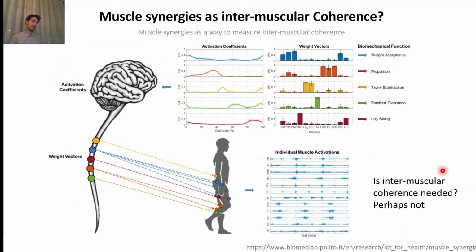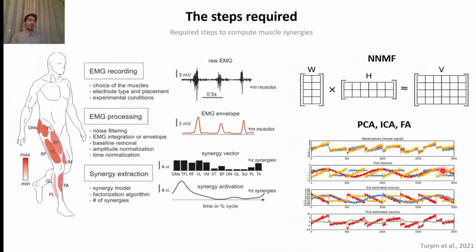And if you see how muscle synergies are actually computed, you see some relations with the cross-correlation functions of different signals that you use to calculate coherence. So there is a link there, a very strong link.